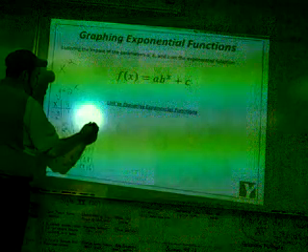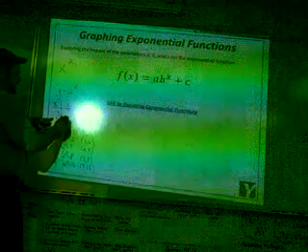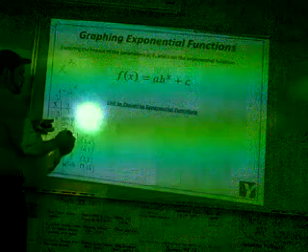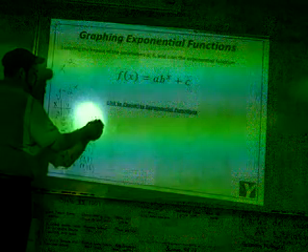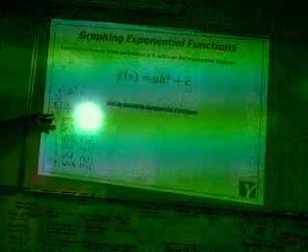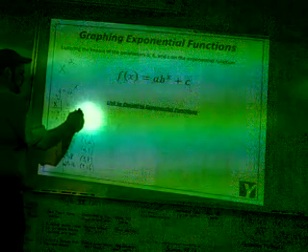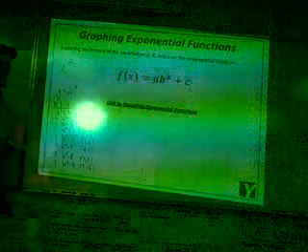Now I have the point -1, 1/2. If x equals -2, 2 to the -2, that's the same as 1 over 2 squared, which is 1/4. I have the point -2, 1/4. If x is -3, we get 2 to the -3rd, which is 1 over 2 cubed. I have the point -3, 1/8.